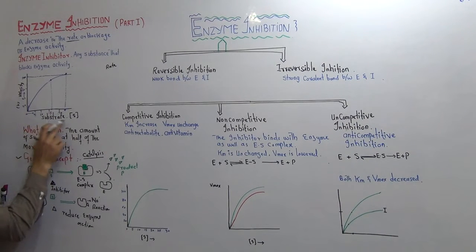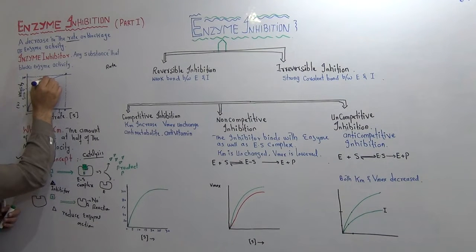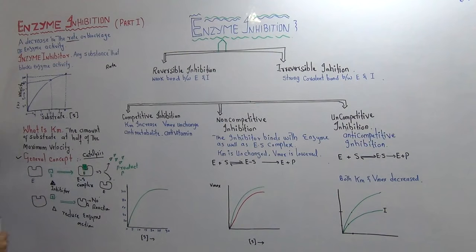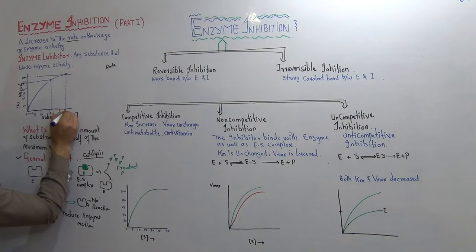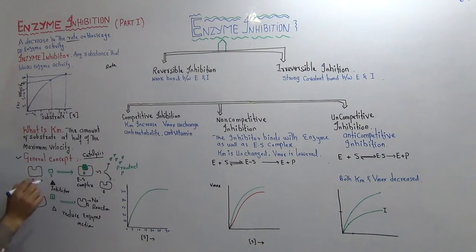So at 16 micromole substrate, the speed, with another parallel line, will be 80. So we say that at 15 concentration the speed of enzyme is 80, and at 25 concentration the speed is 100.